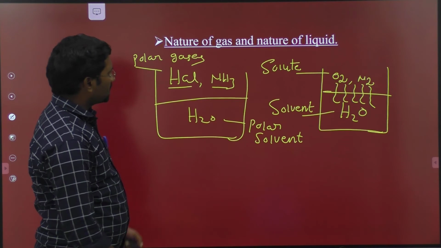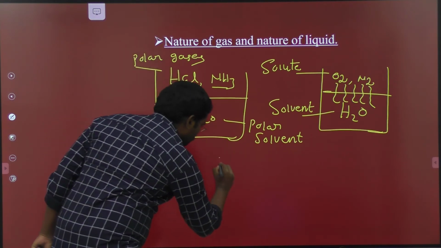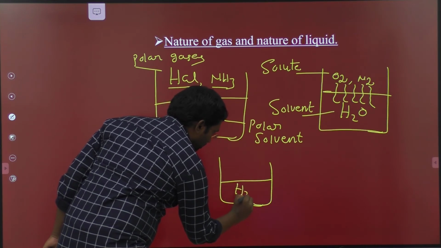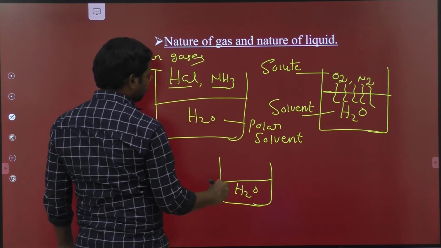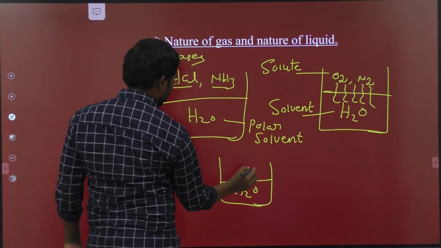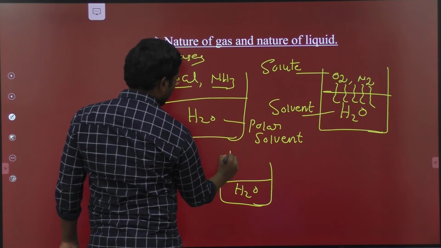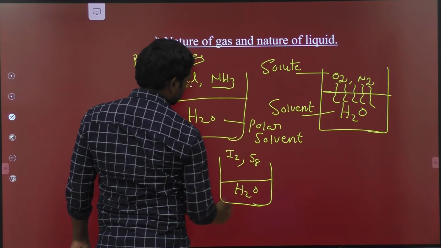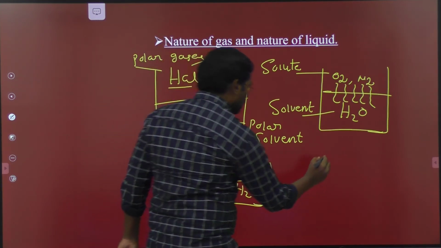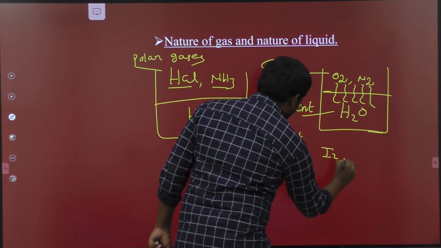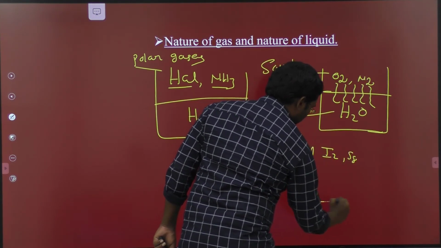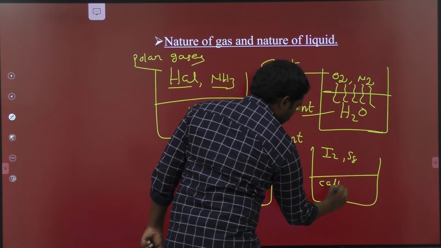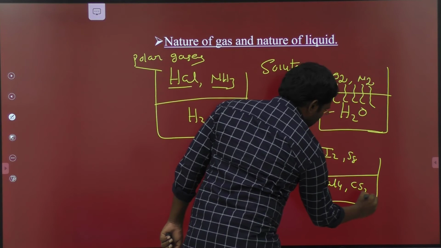Now take another example. Here we take a little amount of water in the beaker. Here we are passing iodine and sulfur into solvents like carbon tetrachloride, CCl4, or carbon disulfide, CS2.